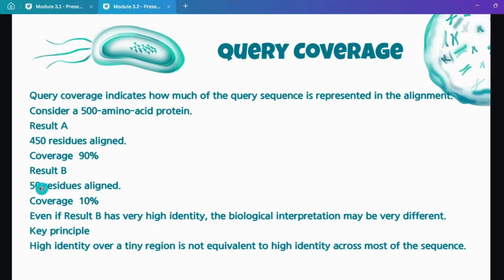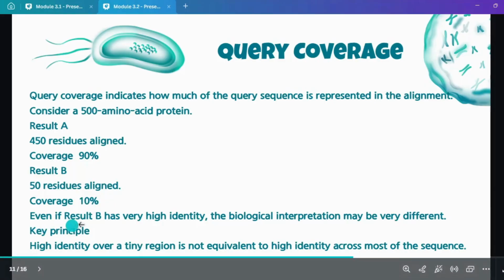Result B shows 50 residues aligned, so the coverage is 10%. Even if result B has very high identity, the biological interpretation may be different. The key principle is that high identity over a tiny region is not equivalent to high identity across most of the sequence.